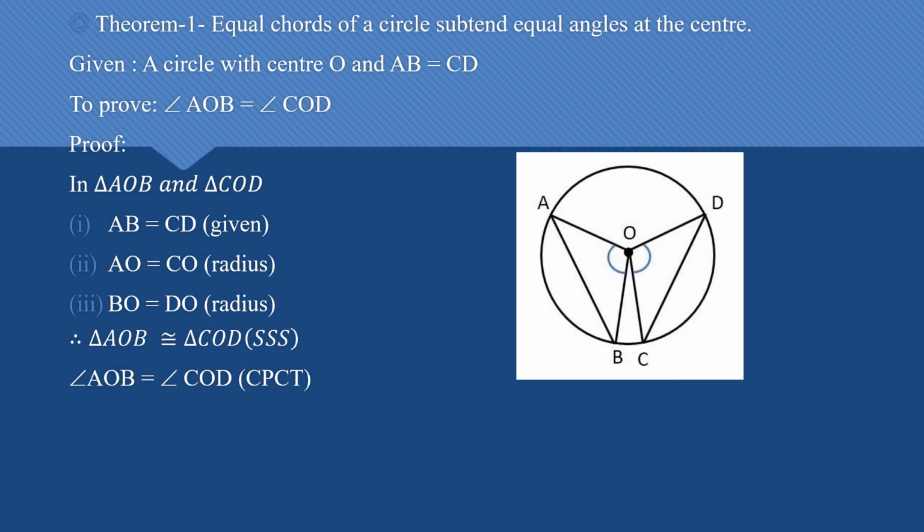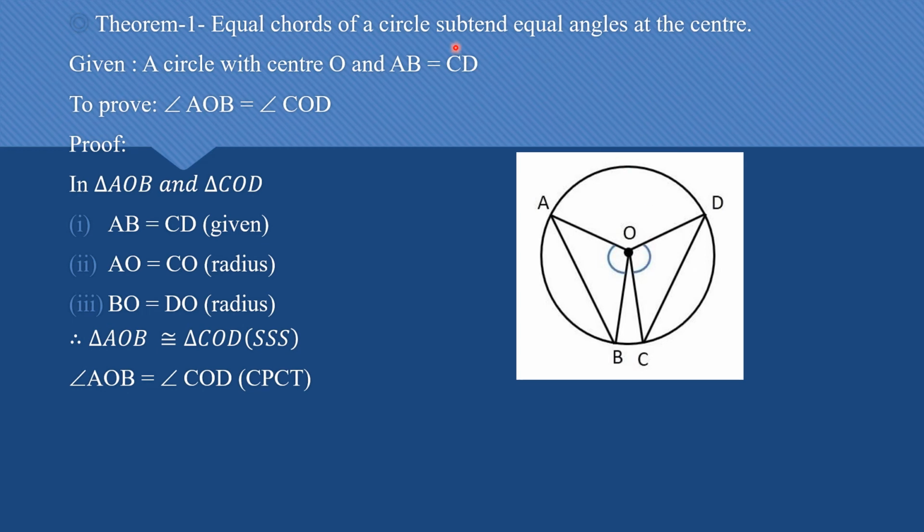Now, let us see some properties of the circle. Theorem 1. Equal chords of a circle subtend equal angles at the center. We are given a circle with center O and we draw two chords AB and CD which are equal in length. Angle AOB is the angle subtended by the chord AB at the center and angle COD is the angle made by the chord CD at the center.